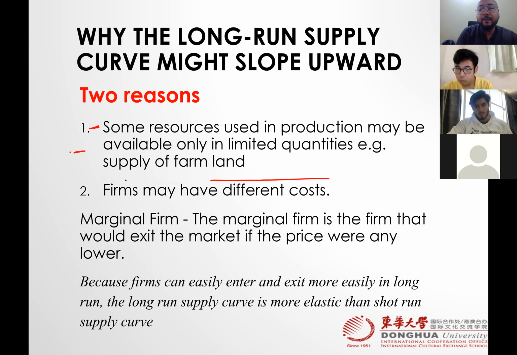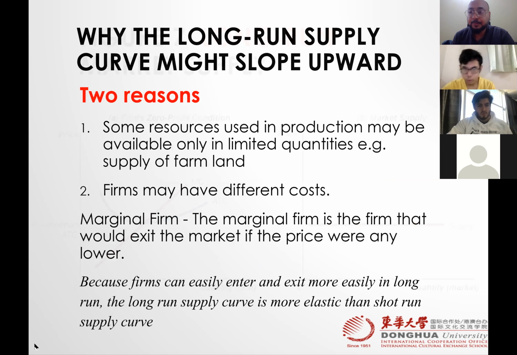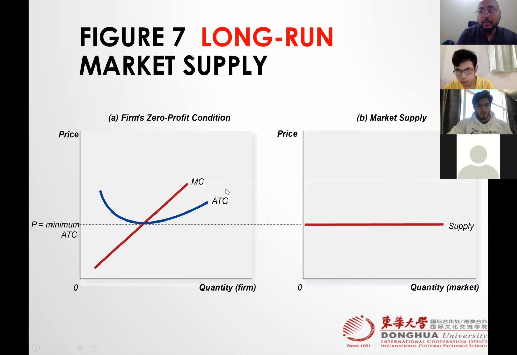Or when firms have different cost structures. In this scenario, we are assuming that average total cost is the same for every company, and average variable cost is the same for every company in the market.